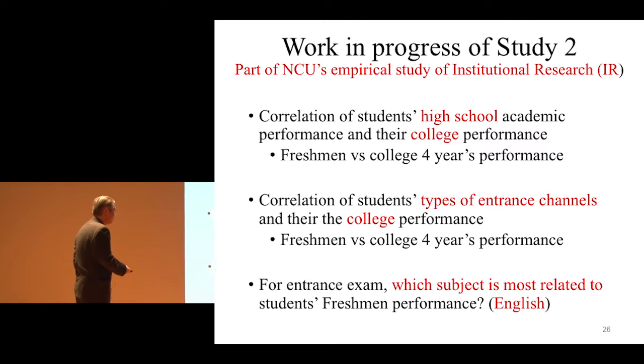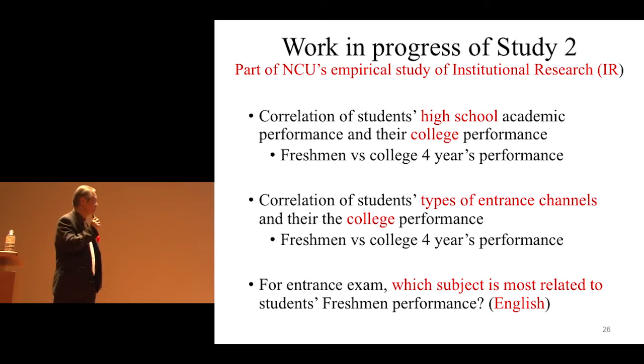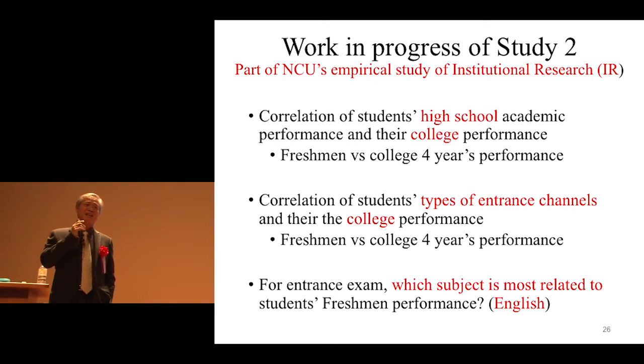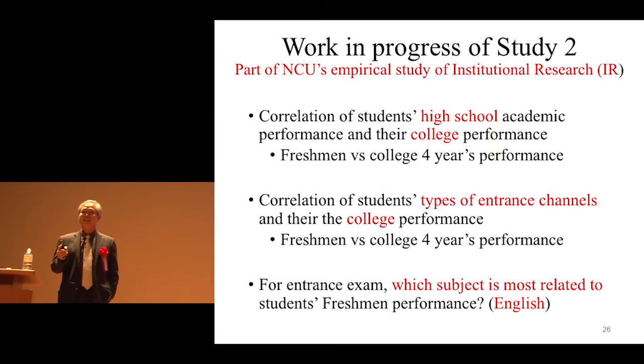And also we would like to know, for those students who pass the entrance exam, which subject is most related to their freshman year's performance. Surprisingly, for computer science, math is not highly related. Instead, it is English, and then Mandarin, and then science.